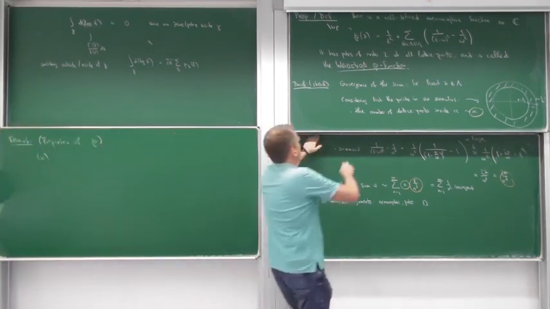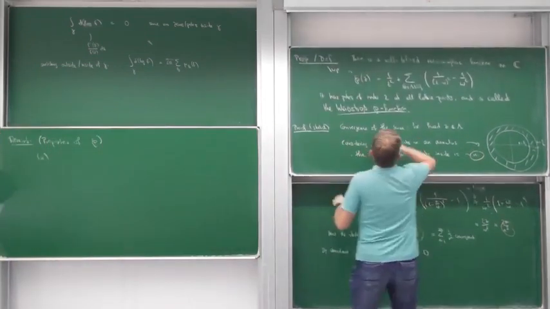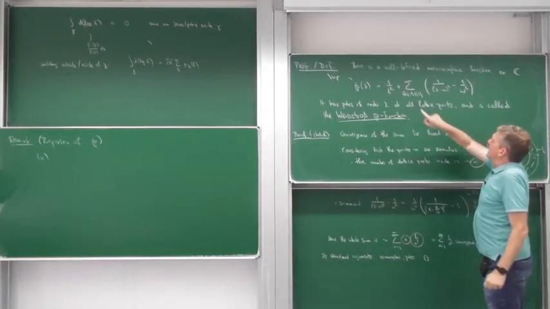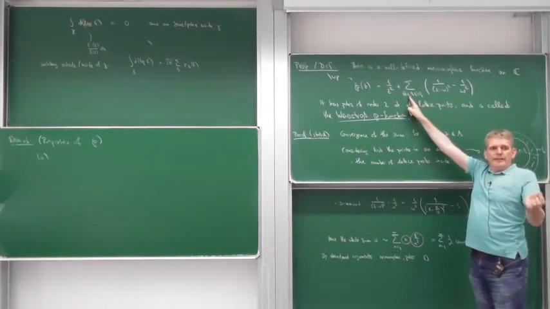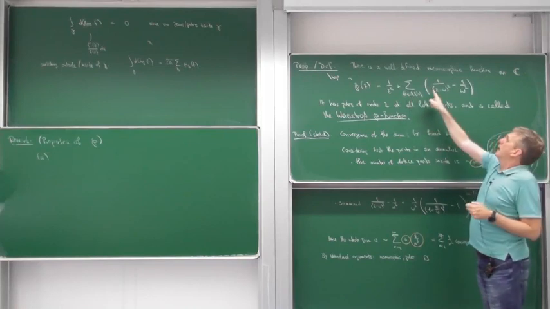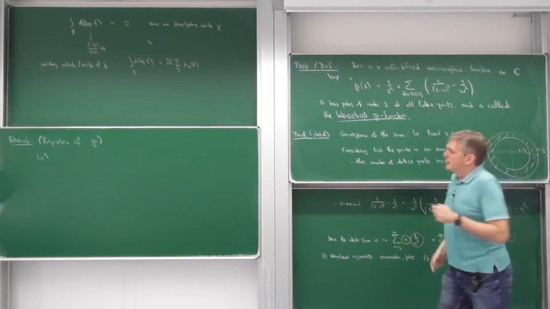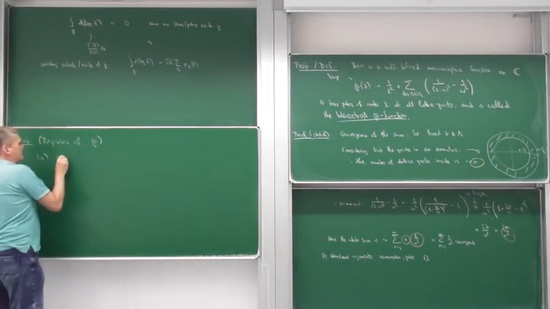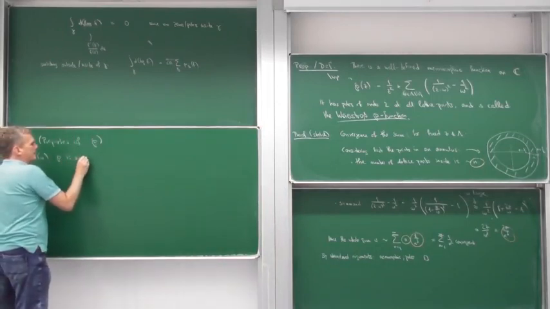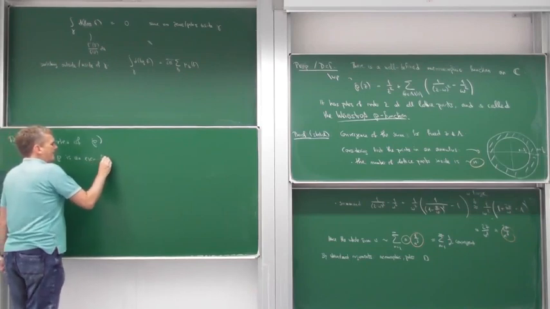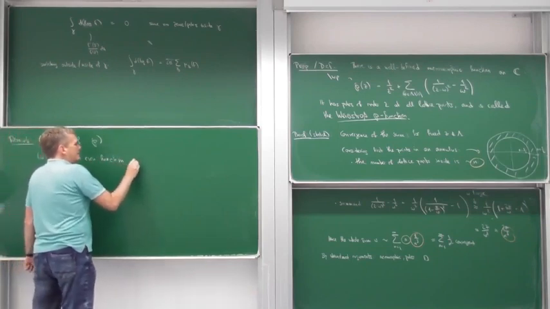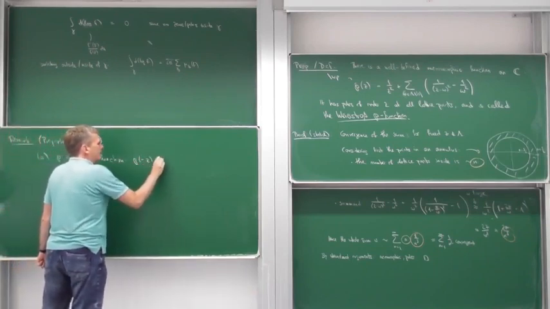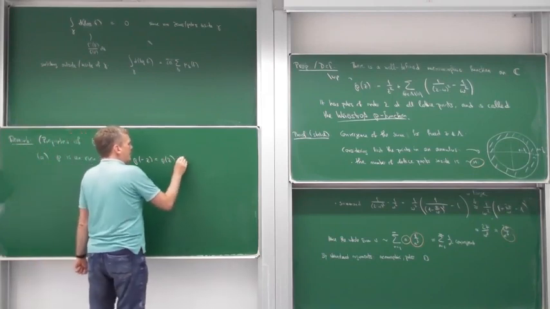And that's just because obviously the first term is invariant under z goes to minus z, and the lattice points are also invariant under z goes to minus z. And so that means you get exactly the same term here for the other omega. So that means p is an even function, which means p of minus z is p of z for all z.